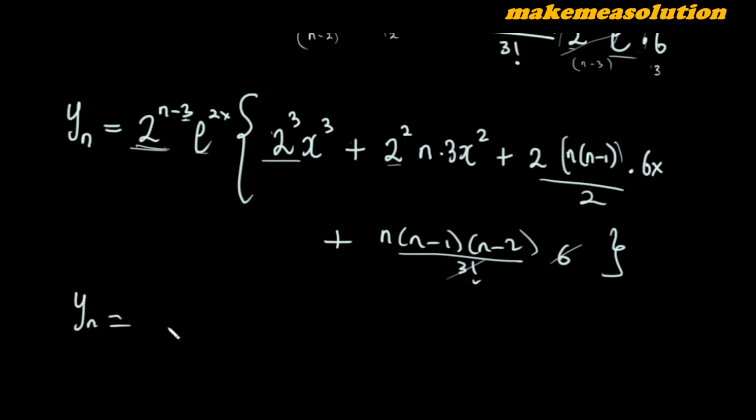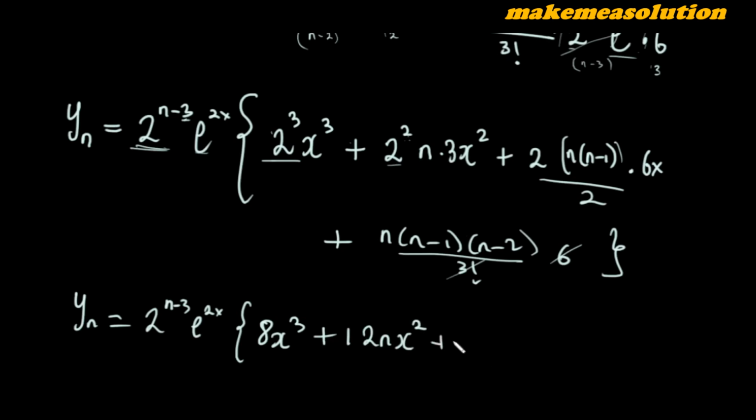Our y^(n) will be 2^(n-3) exponential 2x, then you now have this times this is 8x cubed, then plus this times this is 12nx squared. Okay, 2 squared is 4, times 3 is 12, and plus 2 cancelling out, we will have 6n(n minus 1), then we'll now have plus n(n minus 1)(n minus 2).